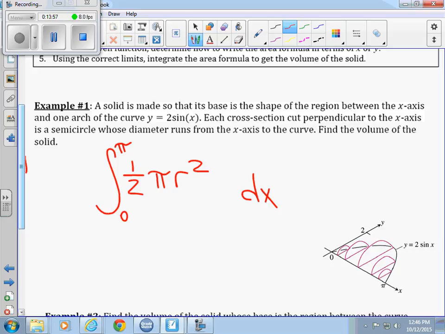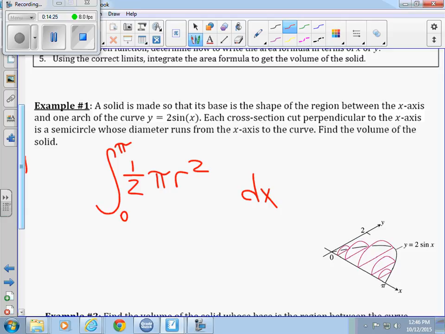What is r? Okay, is it the y value? I like y. Y is good. Why would it be half of y? Because wouldn't you agree that the y value is the diameter of this circle? Okay? So it would only be half of the y value.